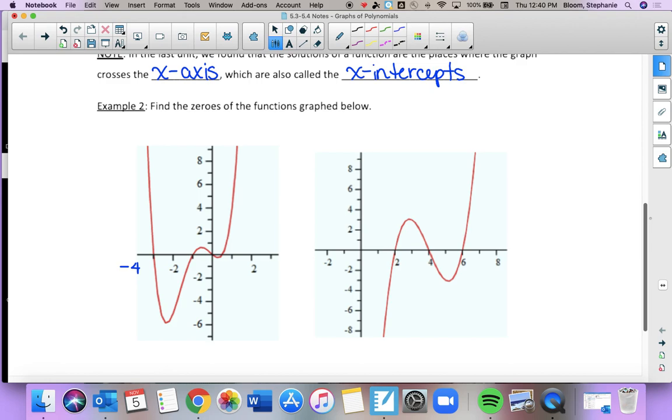And can somebody tell me the zeros that you're getting for the first function? Aiden? -3, -1, 0, and 0.5. Who agrees? Is that what we're getting? Okay. So again, we're crossing at these spots. Good. Those are the solutions, the zeros, the x-intercepts, the roots. Yeah, Wiley?